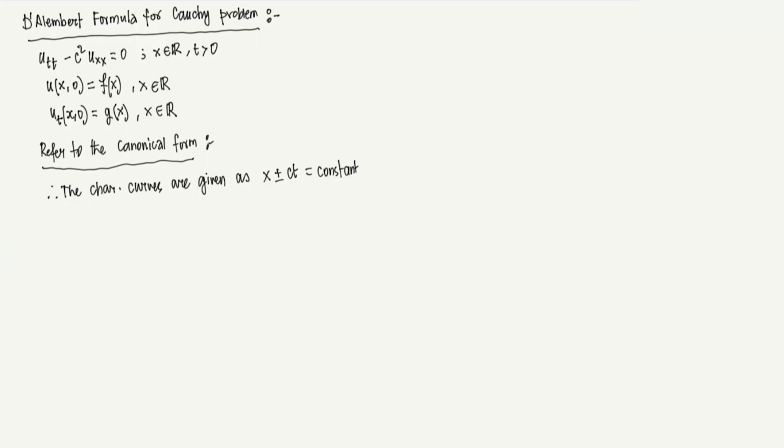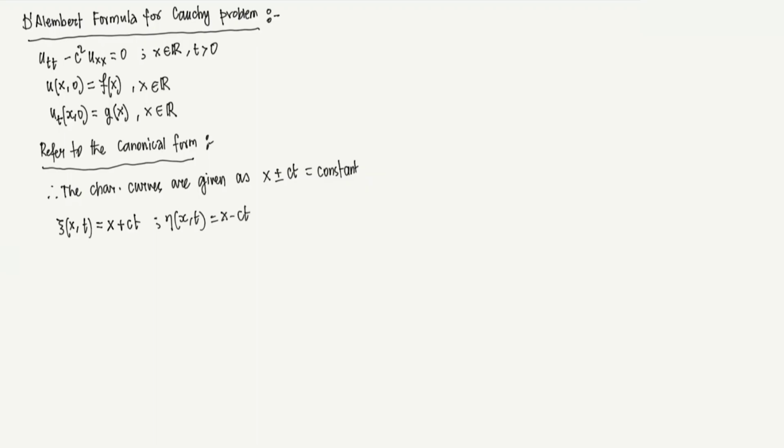You remember how we introduced those two changes of variable? We were using the characteristic curves to define two new variables xi and eta. In this case we define xi of (x,t) as x plus ct, and eta of (x,t) as x minus ct.